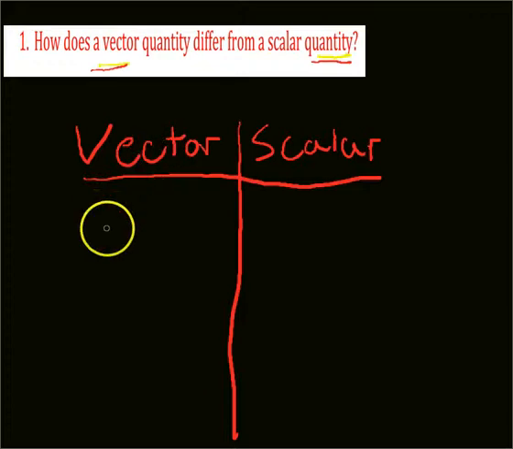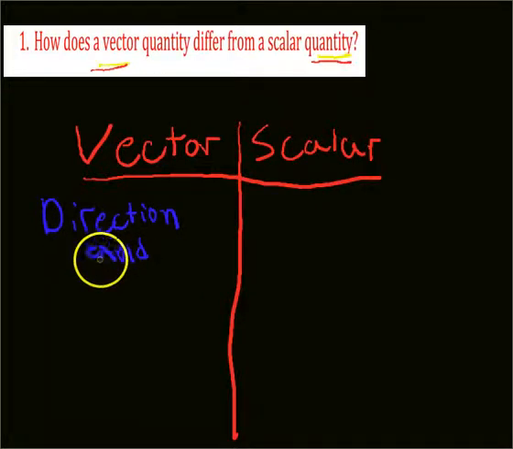A vector, we remember, has a direction. That's key. Direction, and I'll give you time to see if you can remember this, and a magnitude.